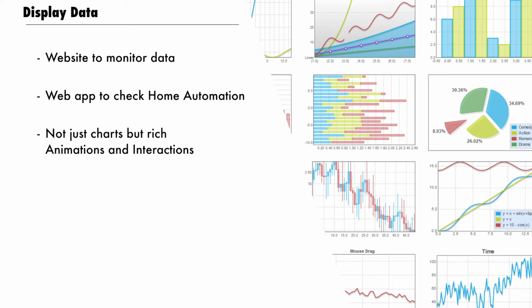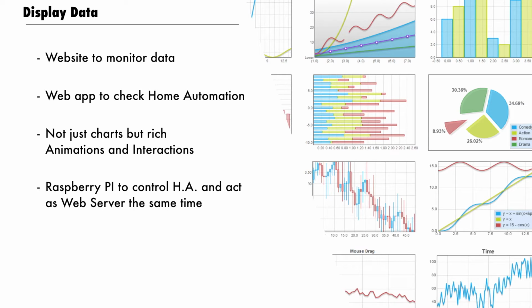And it can't be just simple charts like we have on the right side, but you can do very rich animations and interactions. You don't have to restrict yourself to simple things. And this is the example I already mentioned to you. If you imagine that you have a Raspberry Pi as a central module for all your home automation, it can act as a web server and a controller at the same time.